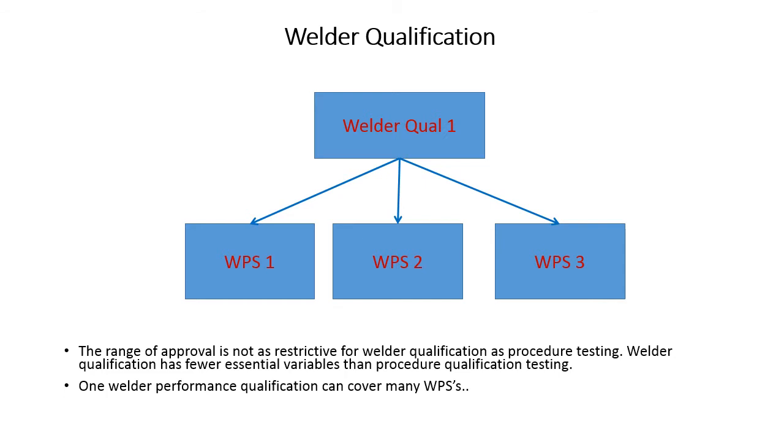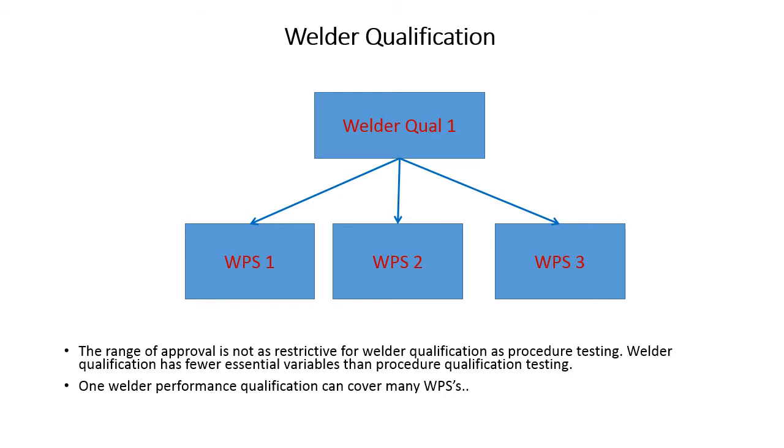Every time you change a composition, you don't have to requalify your welder. Whereas with a WPS, every time you change it, you have to requalify a welder. So there's only a half a dozen or so essential variables for the welder to qualify to, but the WPSs have 20 or 30 that you really need to address, depending on which welding process you're using.